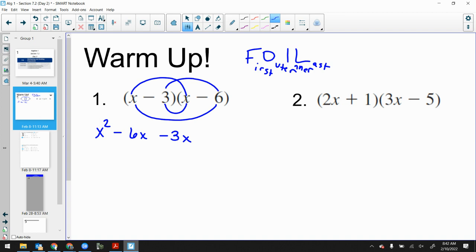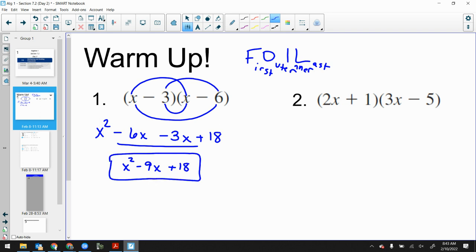I added, right? You have to multiply. Negative 6 and negative 3 make a positive 18 when I multiply them together. Be careful with that. And then I combine like terms in the middle. x squared minus 9x plus 18. There's my answer.